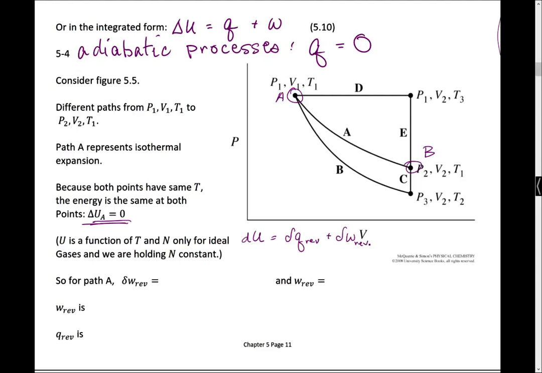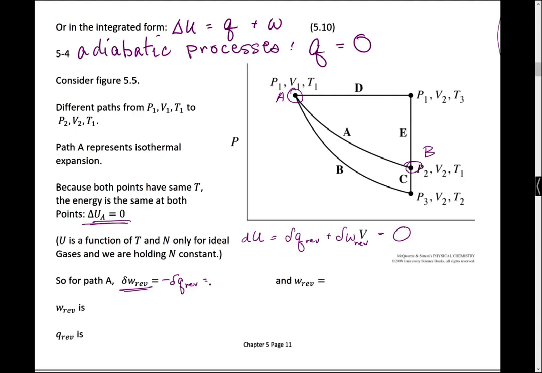And that also tells me that the heat transfer is exactly equal to the work transfer, but in the opposite direction in terms of the joules. Right? So we can say that dW reversible is minus dQ reversible.